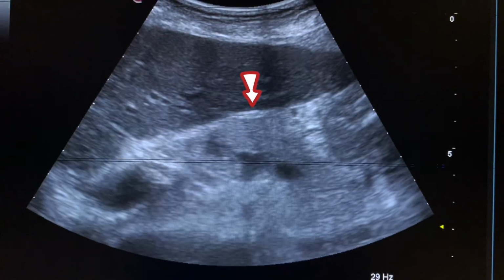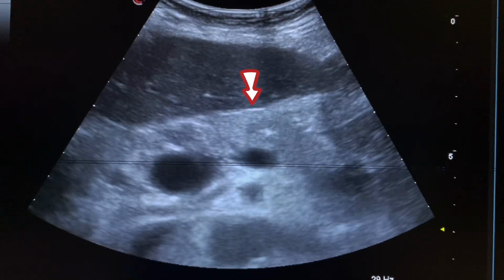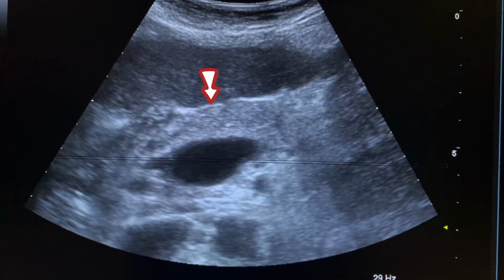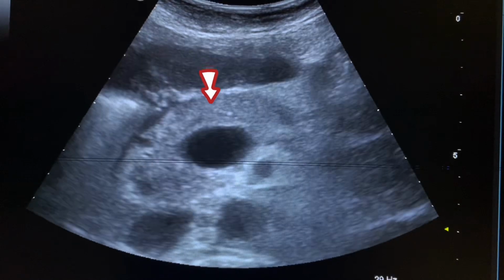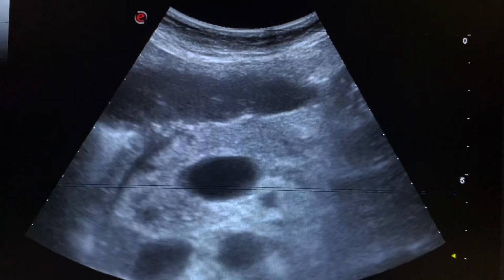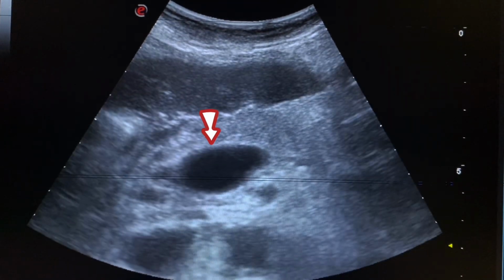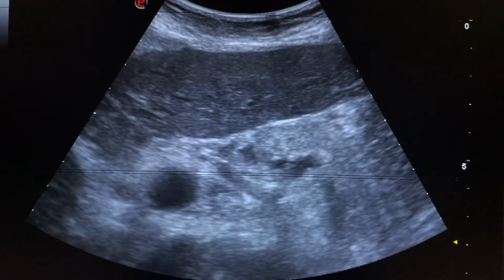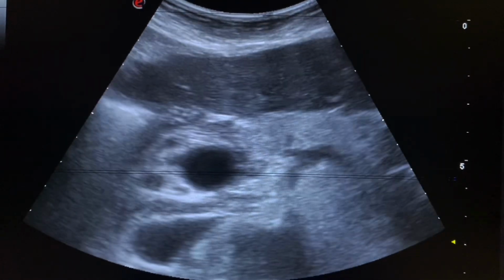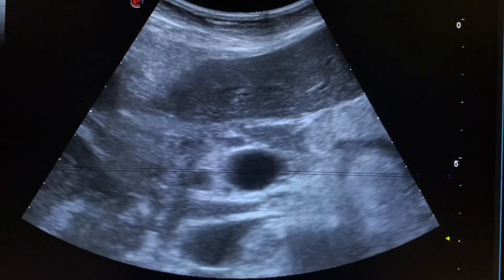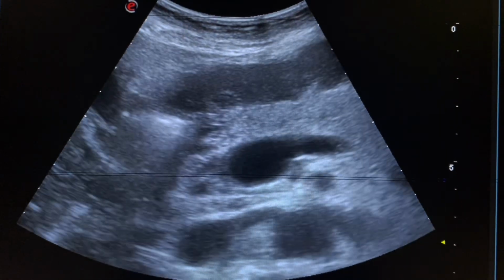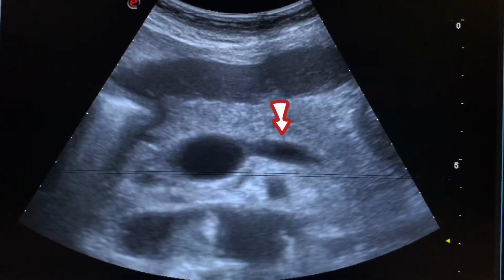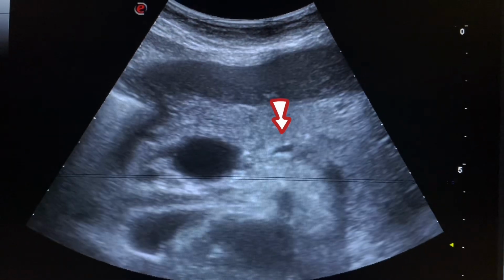Now here we are scanning the pancreas. The pancreas shows a normal echogenic homogeneous structure. This is the portosplenic confluence. This is the splenic vein.